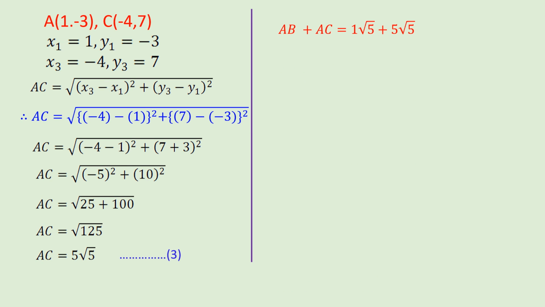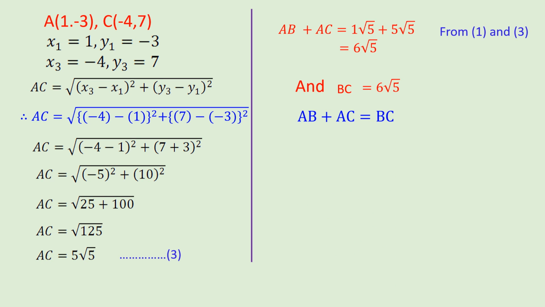So now we have AB plus AC equals 1 root 5 plus 5 root 5, from 1 and 3, which we add and get 6 root 5. And we have BC, which we calculated just before, with the value 6 root 5.